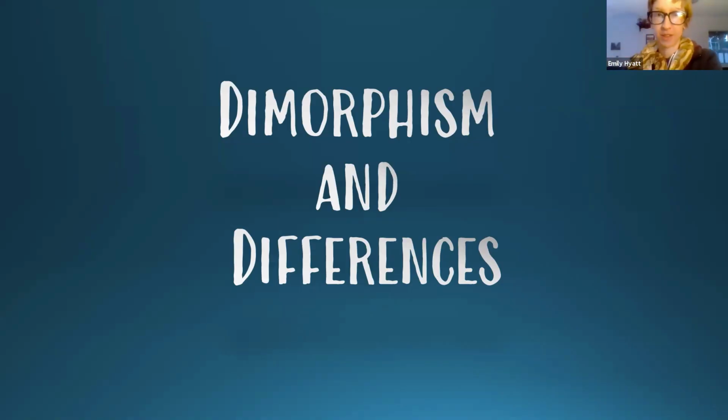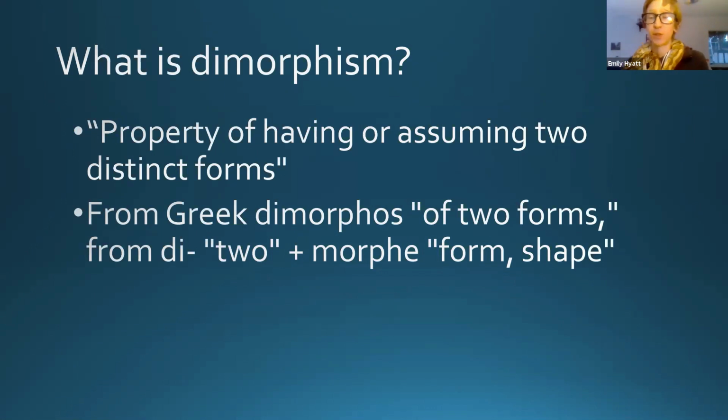So to start off, dimorphism really is just differences. When we say dimorphism, it means two forms of something. So having two distinct forms, and that's di is two and morph is form or shape.